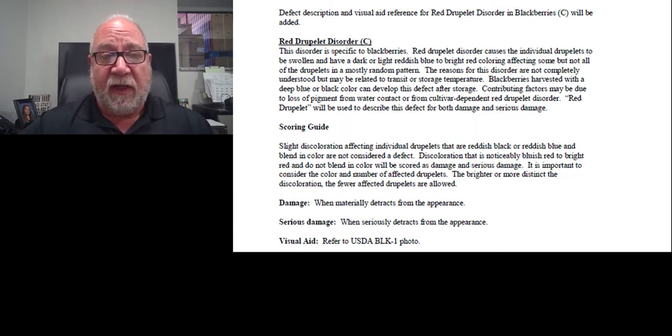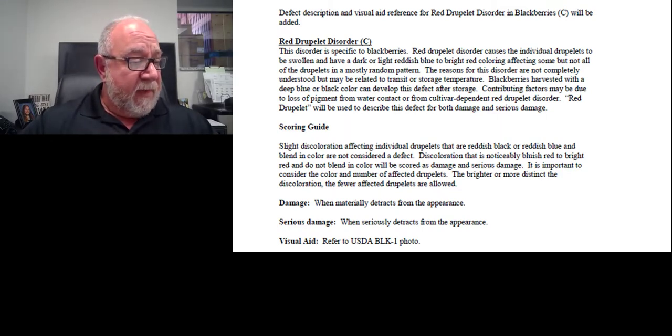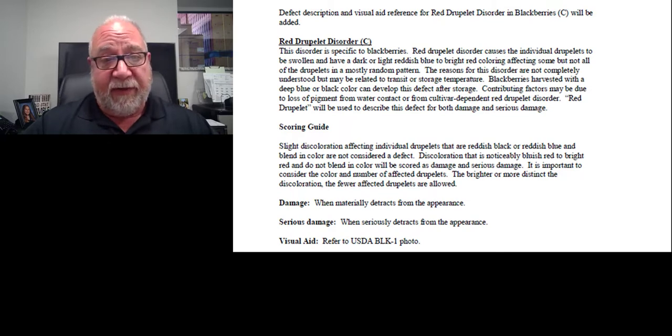It says in there that this disorder is specific to blackberries, and we know that. Red drupelet disorder can cause individual drupelets to change colors, swollen and everything. It really doesn't change flavor, but it does affect visual appearance.